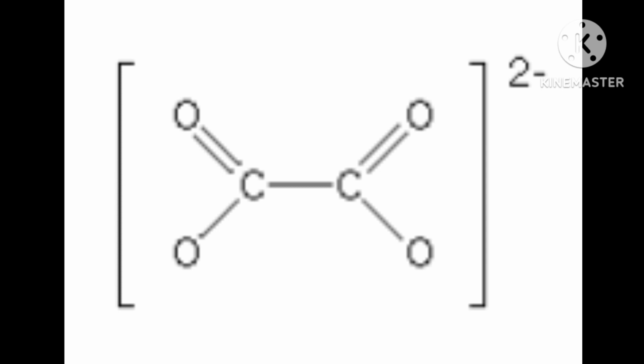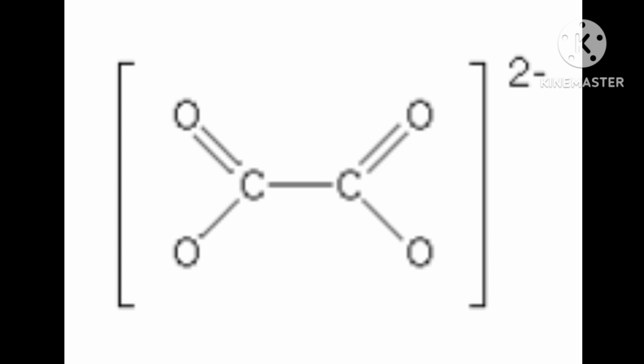Here also two atoms are there in ethane 1,2-diamine which can make bonds. Then 3 are there, 3 into 2 is 6. Then in both cases, in Fe and cobalt, the coordination number is 6.